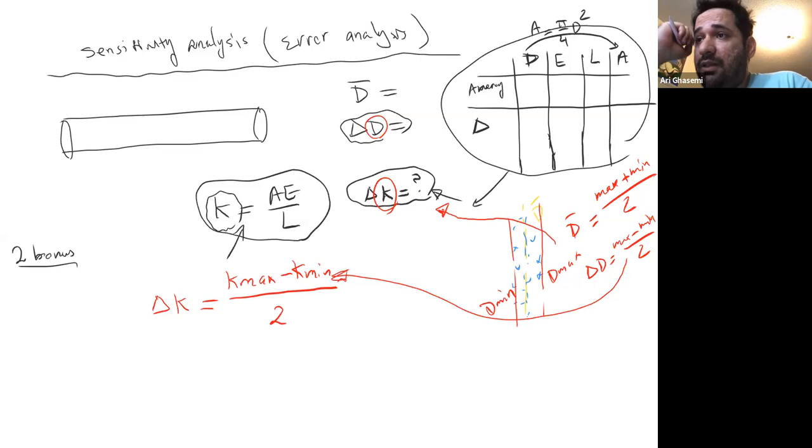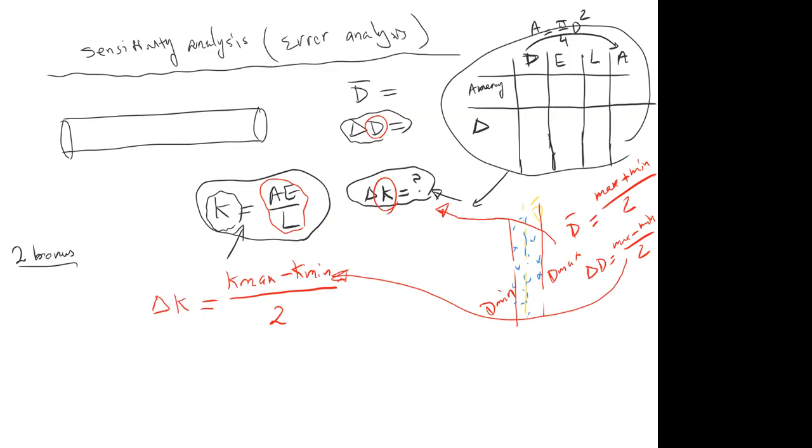Based on this different data that I get for D, E, L, you see that this has 3 parameters. At what point does the maximum K happen? Can you answer the question? Would it be your largest values for A and E and your smallest value for L?